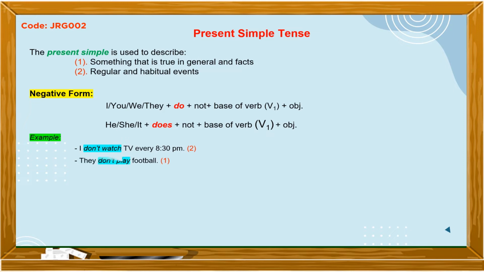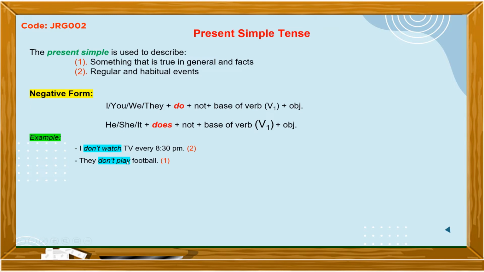So example number 2 is: they don't play football. Okay, they don't play football. This one also follows form number 1 because I use the subject they here, and like you can see, form number 1 uses the subject they followed by do plus not, plus base form of verb, and then plus object. So you can see the subject they and then don't, like I have mentioned a moment ago, equals do plus not, and then followed by play.